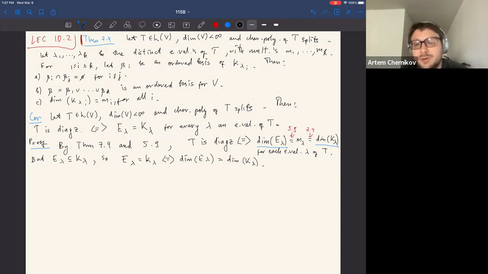And from these equivalences, we get the corollary. So T is diagonalizable if and only if the dimension of E lambda is equal to the dimension of K lambda, and this happens if and only if E lambda is equal to K lambda. And so this gives us the corollary. Okay, everyone is fine with this?